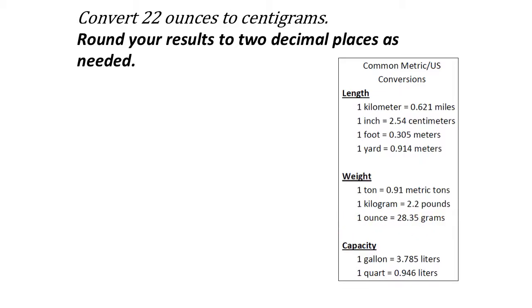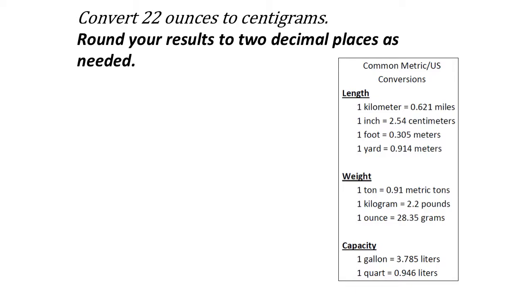So what I will do on this one to start with is change this 22 ounces into grams first. After that, I will figure out how many centigrams that is. We can use that chart like we had before, but we may or may not need to.